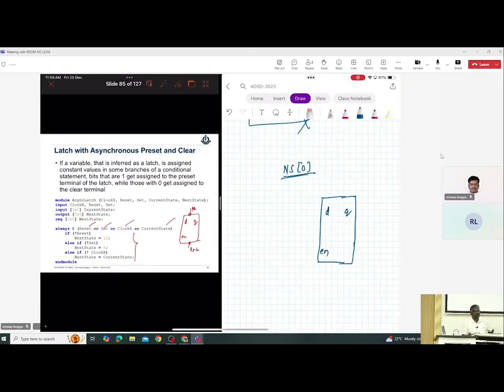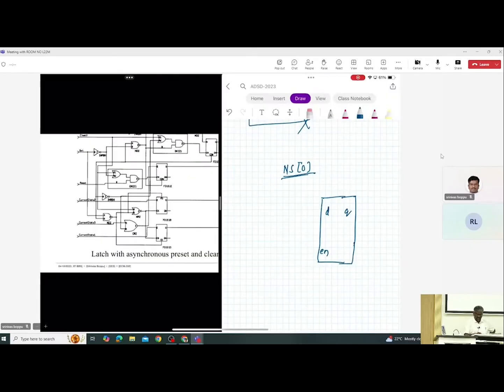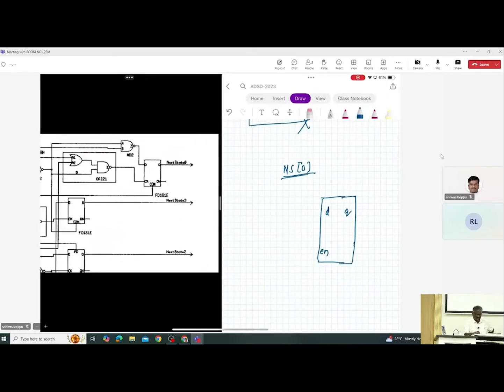Since there are asynchronous signals, I should also have maybe a flip flop with asynchronous pins. Now if I look at the solution, first of all, next state 0, let us try to stick with this one.